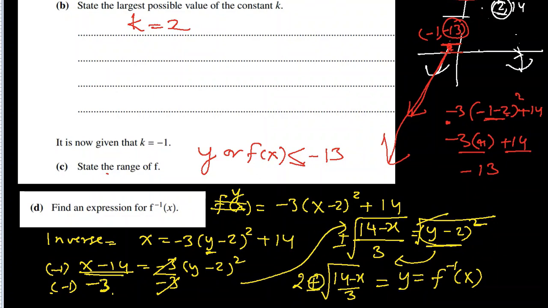Only minus will be left here. So I'll erase this plus and minus, and I'll keep only minus here. So write 2 minus square root of (14 minus x) over 3, and that is f inverse x.